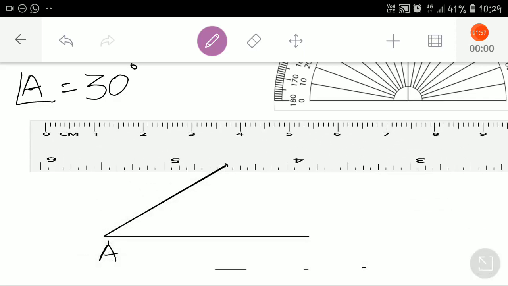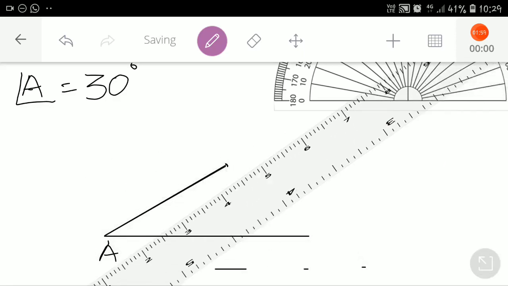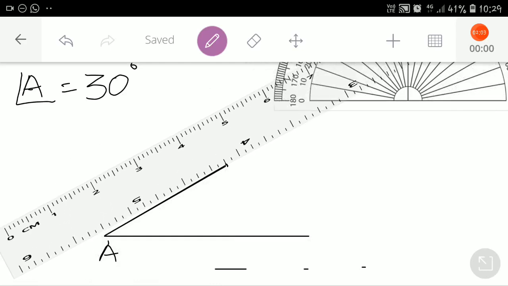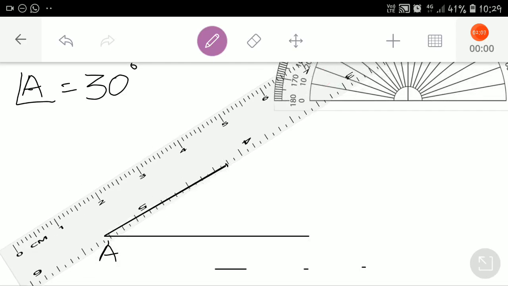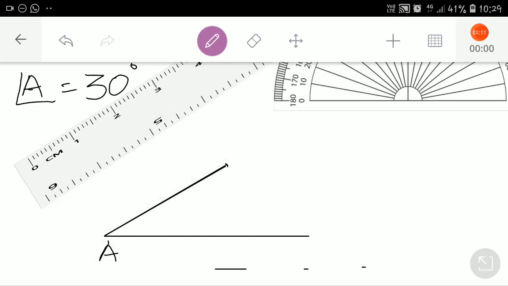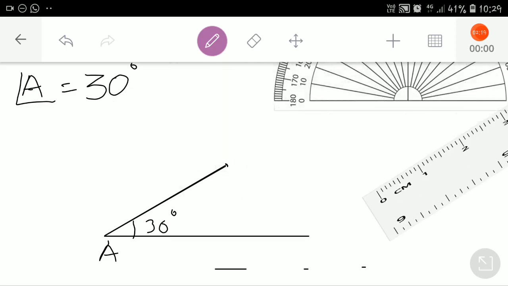Okay children, you have to tilt your scale and draw a line like this. Clear? This is how you will mark the angle using a protractor and scale. After that you have to mark this as 30 degrees. Clear? So this is how you will mark it.